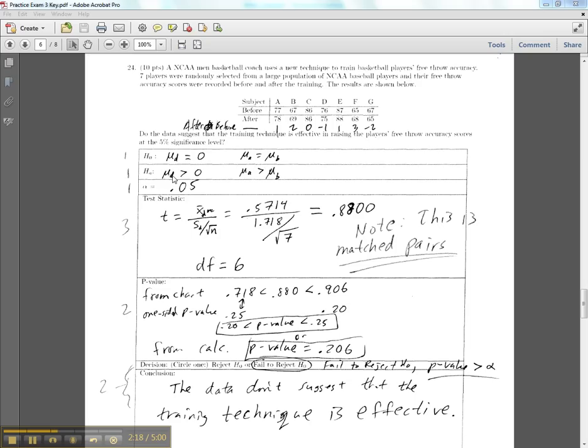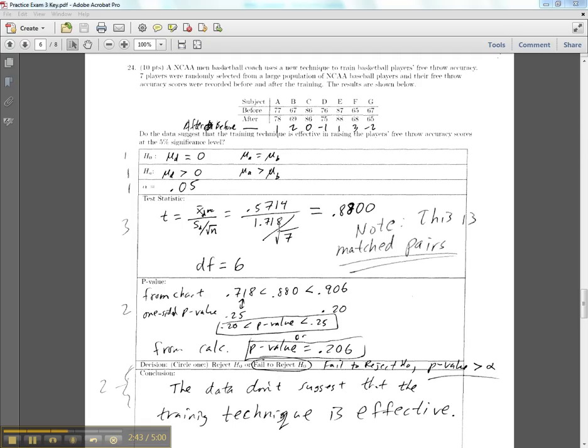And then our alternative is that this training actually does the players good. So we say that the difference is going to be greater than 0. Or we can say that the mean for after is greater than the mean for before. And then we select 0.05 for alpha level because it says right here 5% significance level.